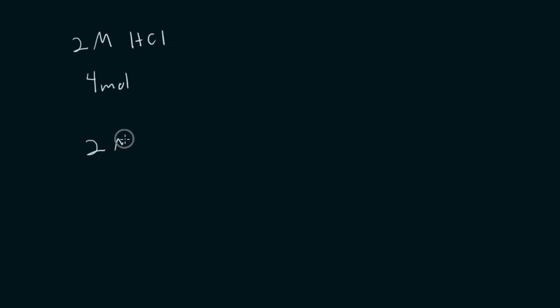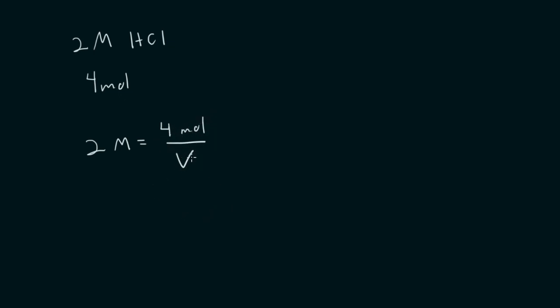Now let's try something a little more complicated. Let's go back to the acid. I've got a 2 molar solution of HCl, and I know I need 4 moles in order to complete a reaction. How many liters am I going to want to get of that 2 molar solution? Well, I'm going to plug those values in. 2 molar equals 4 moles divided by my volume.